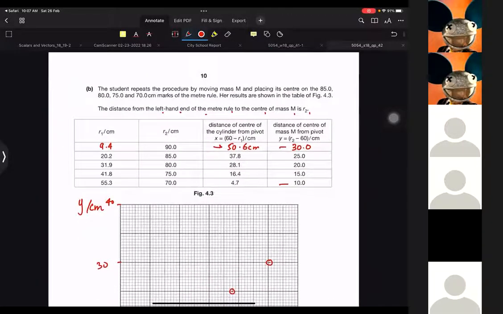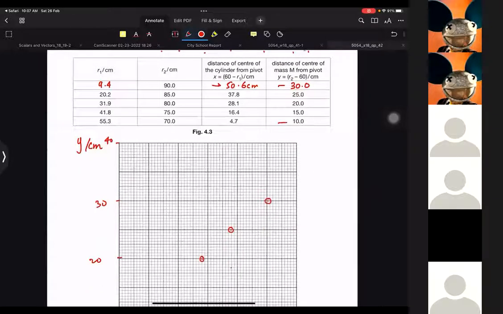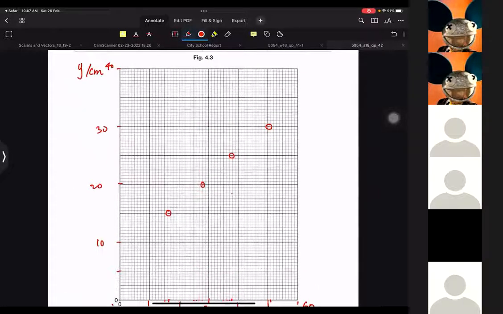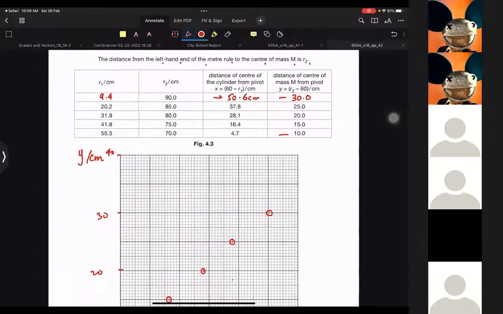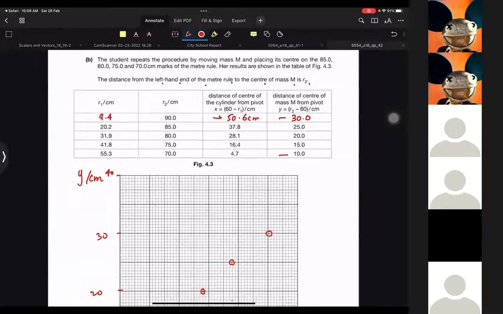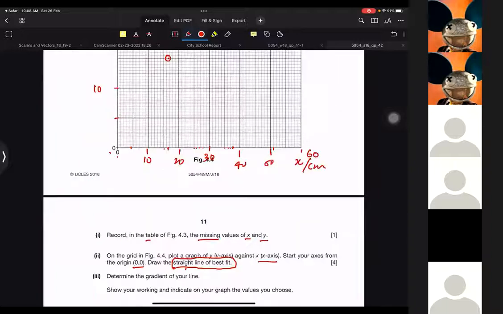And then 16.4 and 15: 15, 16, somewhere in the middle, and 15. Do not color it, please. And then 4.7 and 10: 5, it's almost here, pretty close to the line.